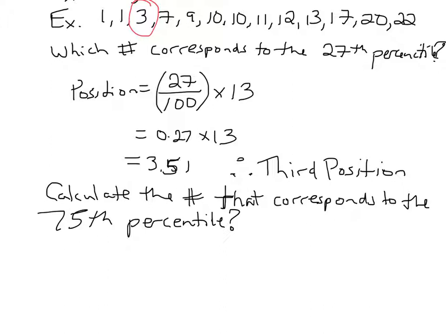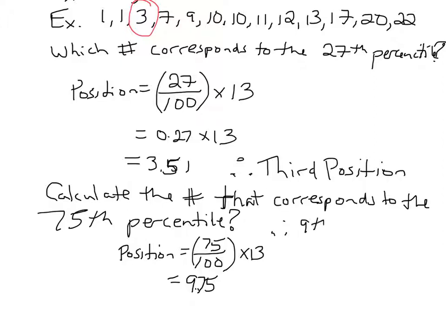Again, we're going to use the position formula. Position equals 75 over 100 times 13. If I do that calculation, I get 9.75. So therefore it's the 9th position.